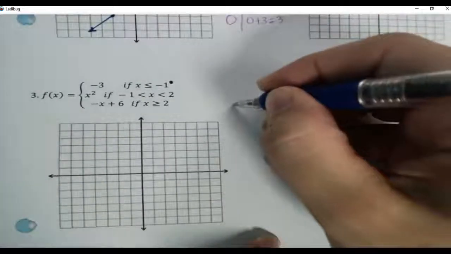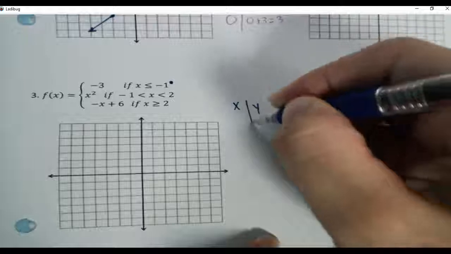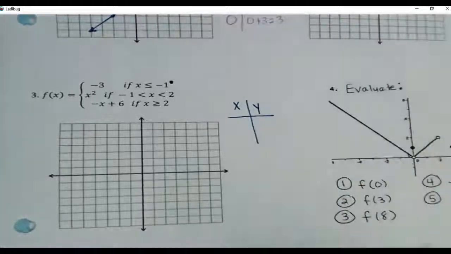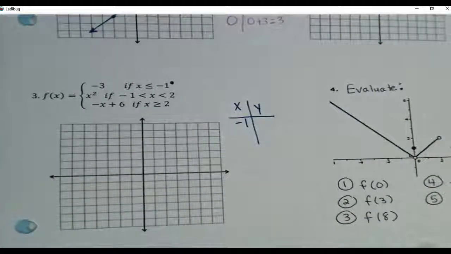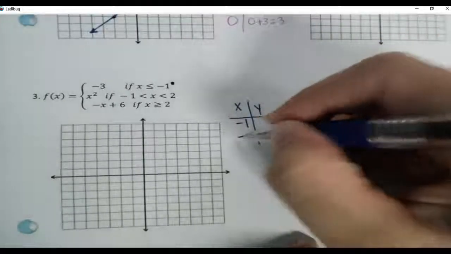So we'll make our table. And what x value does it give? -1. So we start there. And then we want less than or equal to -1, so what else can we use? Yeah.